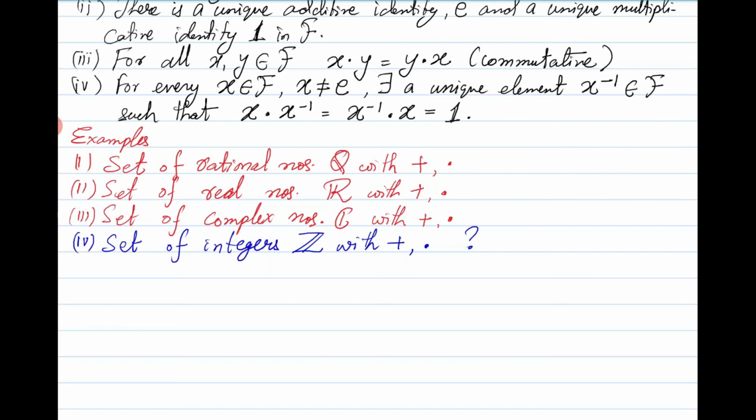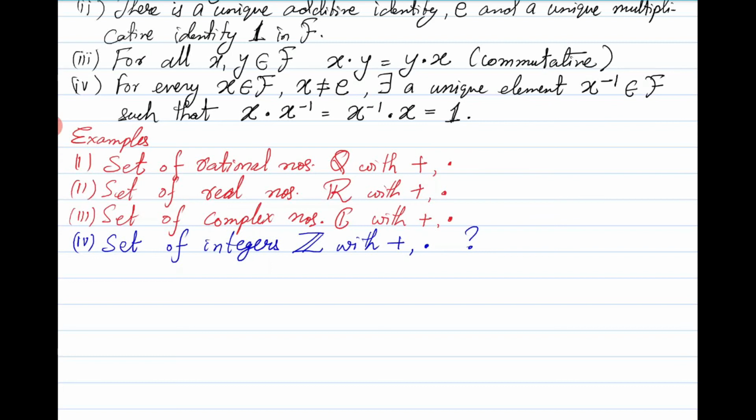And the answer is no. For example, let's consider the integer 2. 2 multiplied with 1 by 2 gives me 1, assuming I am following the conventional definition of the product. But is 1 by 2 an integer? It is not. So 1 by 2 does not belong to Z.